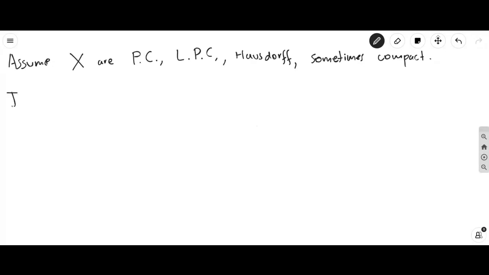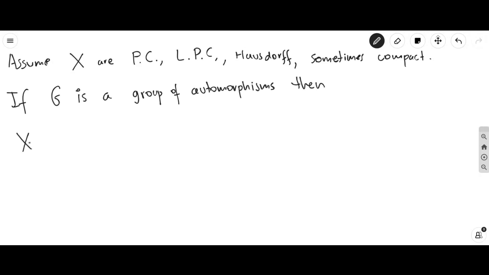Now, if G is a group of automorphisms, then if you form the quotient space X mod G, it will be path connected, locally path connected, and compact.